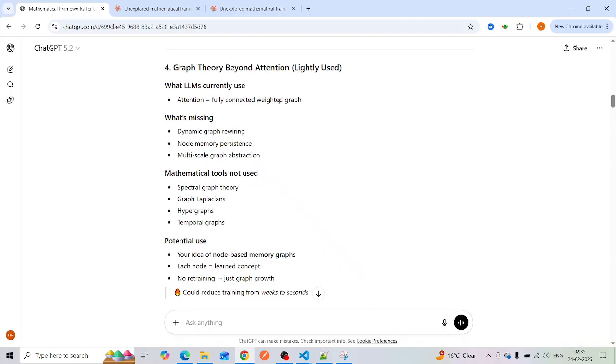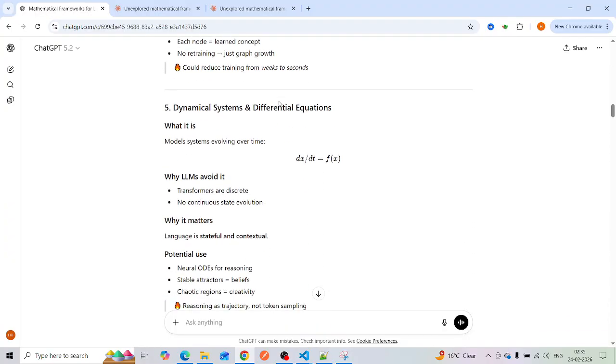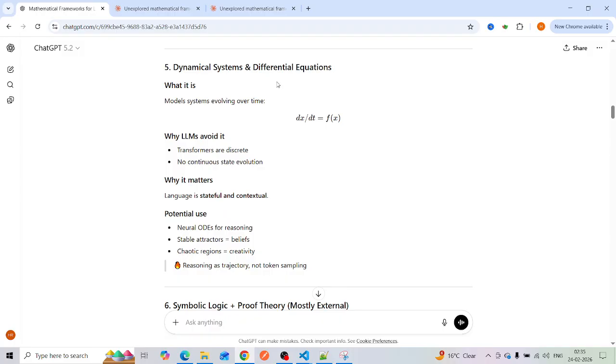Then we have graph theory beyond attention, lightly used. Then we have dynamical systems and differential equations. Language is stateful and contextual.